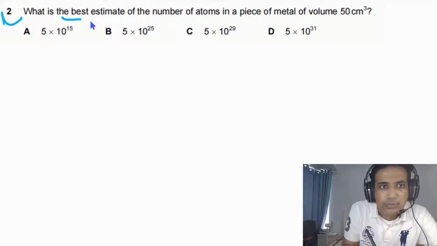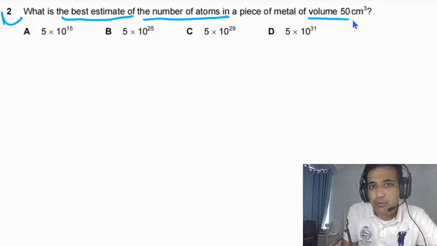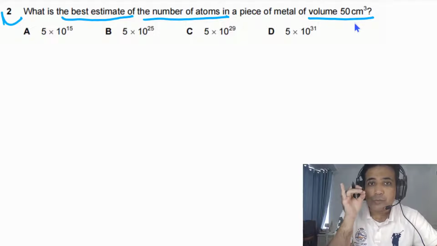Question 2 says, what is the best estimate of the number of atoms in a piece of metal of volume 50 cubic centimeters? For this question, we need to calculate the number of atoms. If we have the volume of a single atom, we can calculate the number of atoms. We can divide the given volume by the volume of a single atom.